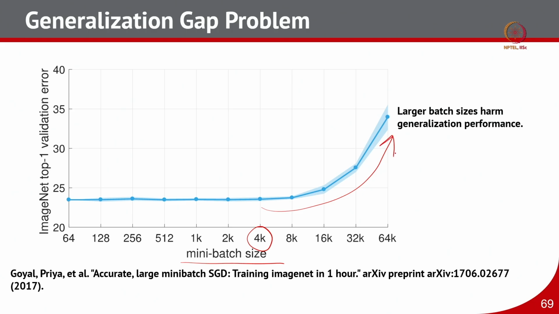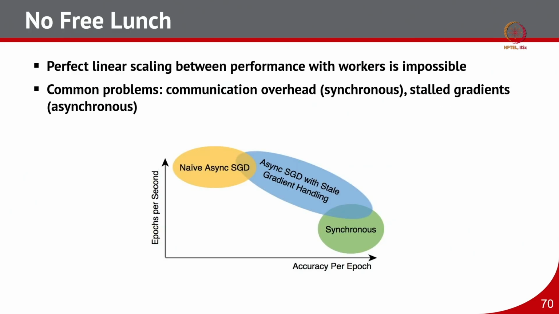So, that means larger batch sizes actually harm the generalization performance, right. This figure is saying that there is no free lunch. You can increase the batch size, but then the validation error will increase. If you decrease the batch size, then the communication overhead will increase, right. So, nothing comes for free when it comes to systems.